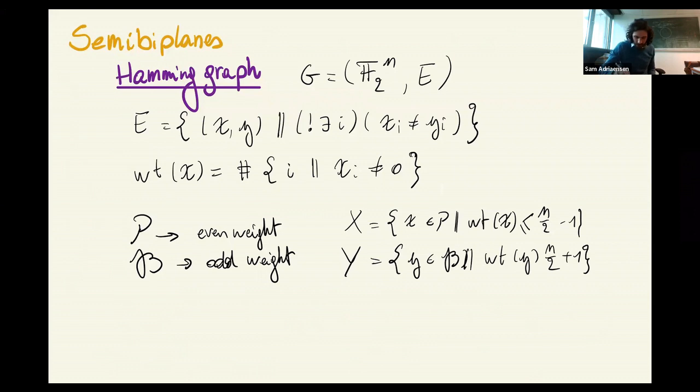So these are the even vectors of small weight and odd vectors of large weight. This is an equinumerous incidence-free pair.